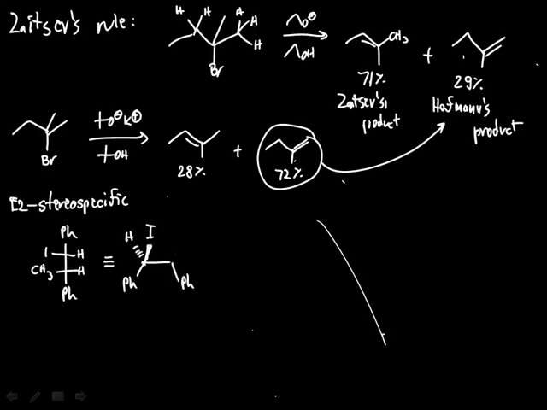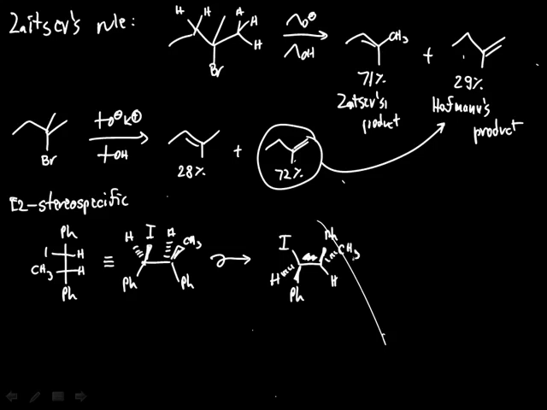But again, if we remember that this eclipsed conformation is not the one reacting, instead we need to rotate this to get to the anti-periplanar arrangement, which is the one shown here.